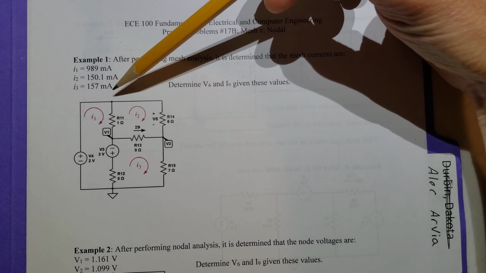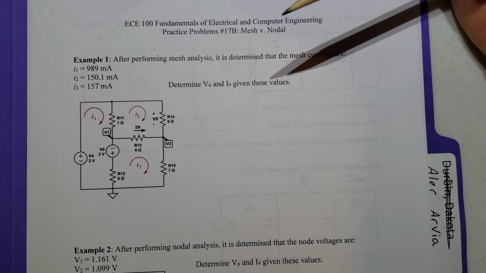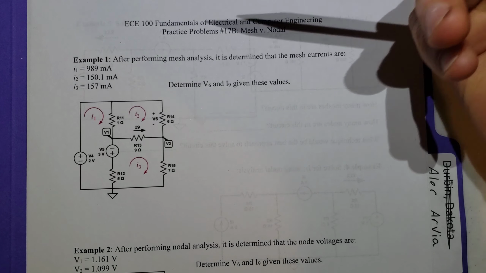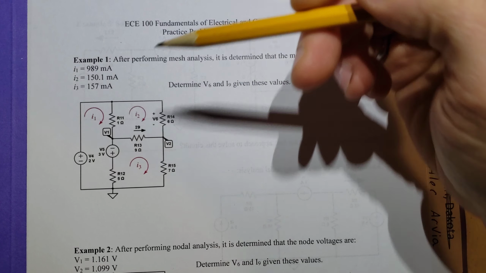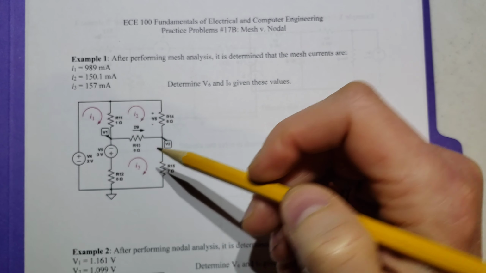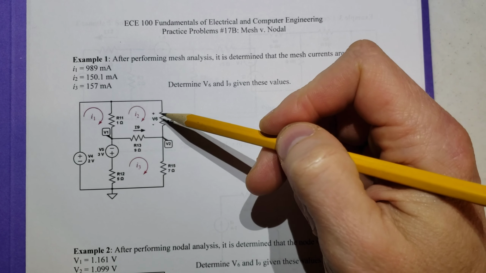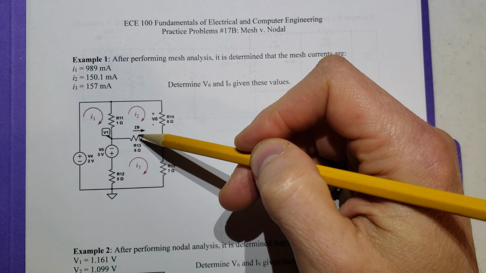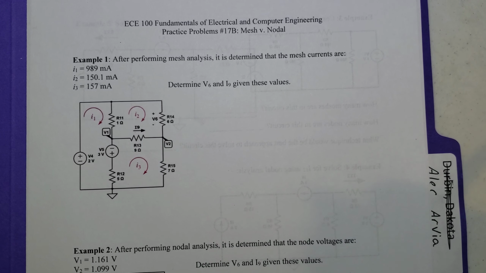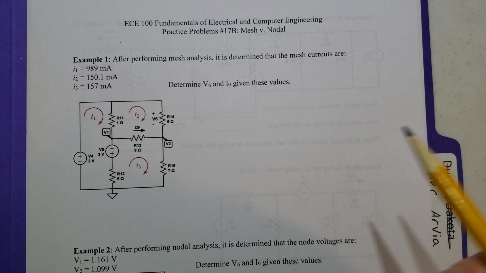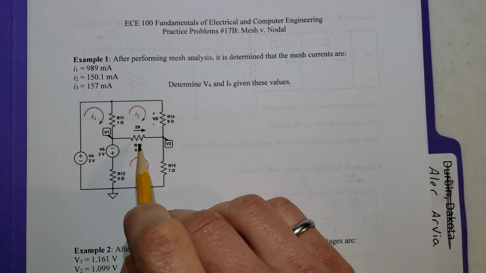We're going to get the list of the currents for each of the meshes. But the problem might be asking us what the voltage across a particular component is, or what the current between two nodes would be. So if we had to solve for V6 and for I9, and we did go through the analysis of mesh or nodal, we still might have some work to do.